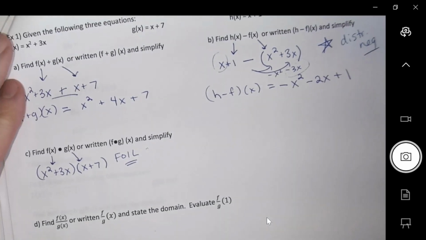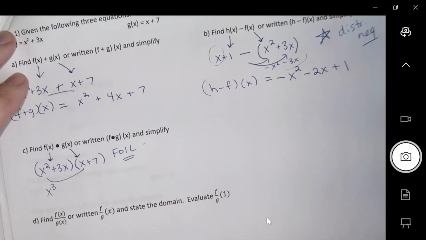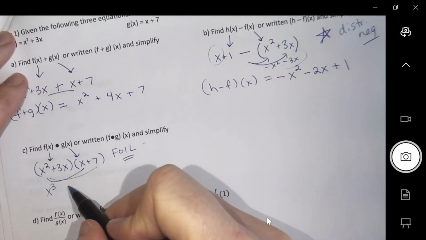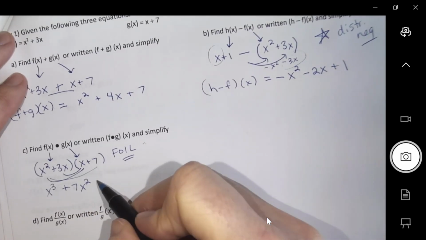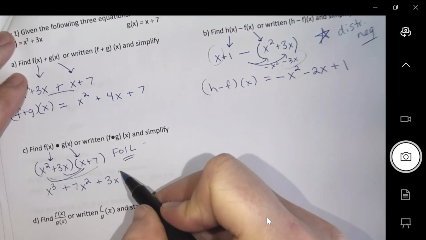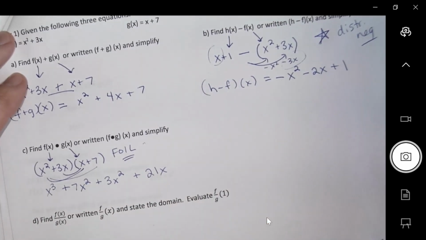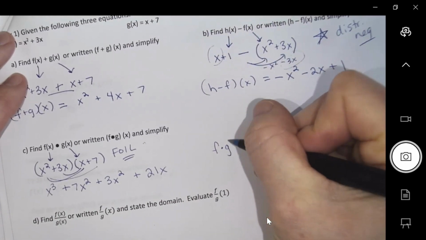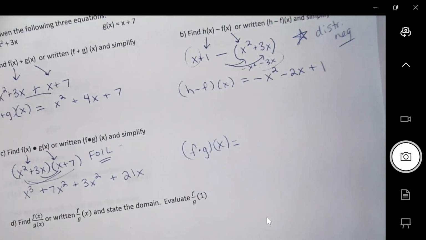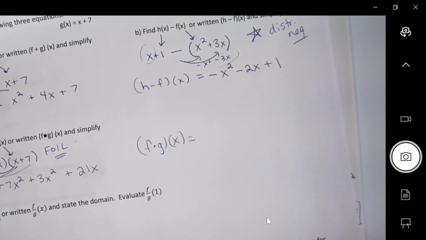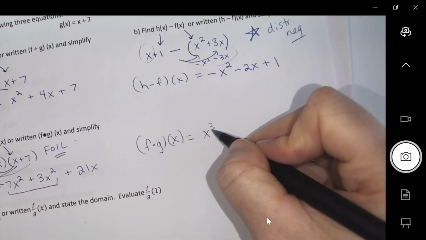I need all 4 parts there. So x cubed plus 7x squared plus 3x squared plus 21x, and then simplified, I'm going to collect those together.